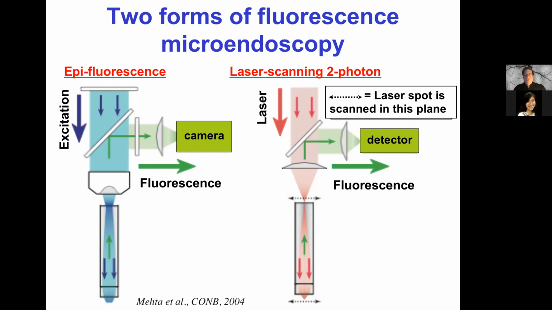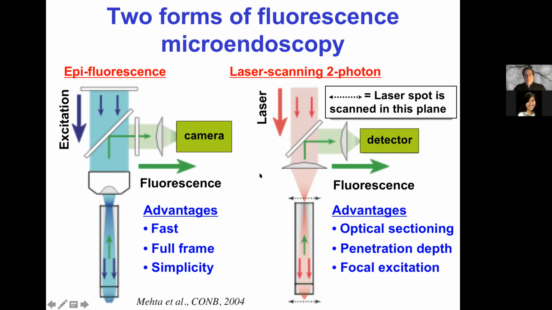And these two approaches have complementary strengths and limitations. The virtues of the epifluorescence microendoscopy is, first of all, its speed and simplicity, and the fact that you can acquire full frame images with a conventional camera at high frame rates.